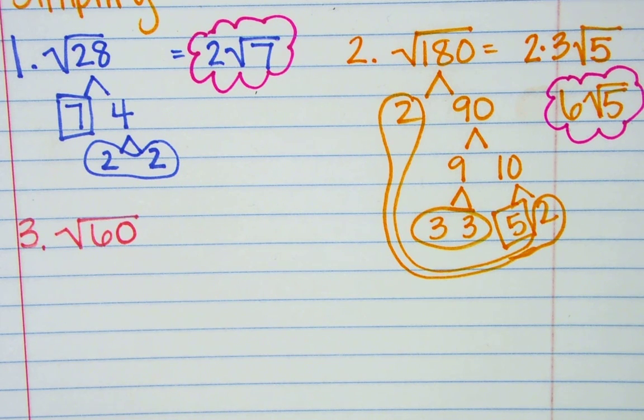Good. Remember, if you have two numbers outside or two numbers inside, multiply them together. Perfect. Beautiful. Good.